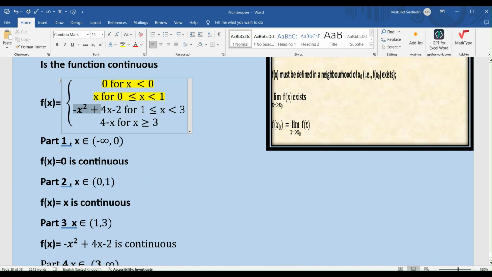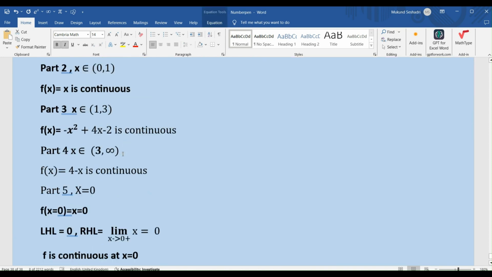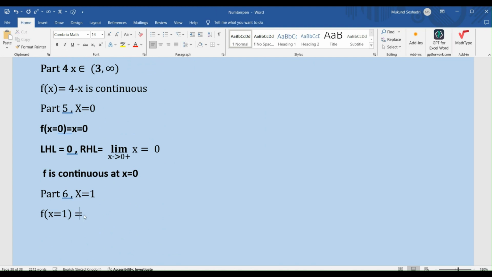It is this function, minus x squared plus 4x minus 2. And what is that? It is minus 1 squared, which is 1, plus 4, minus 2. So that is minus 1 plus 2, which is plus 1, right?